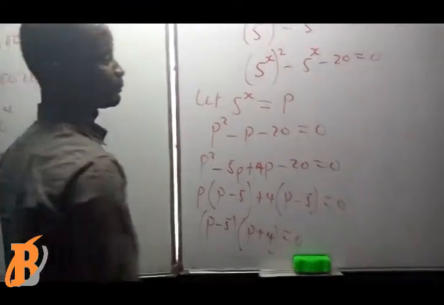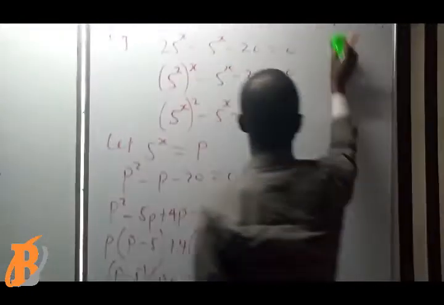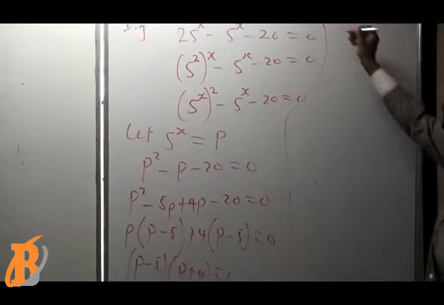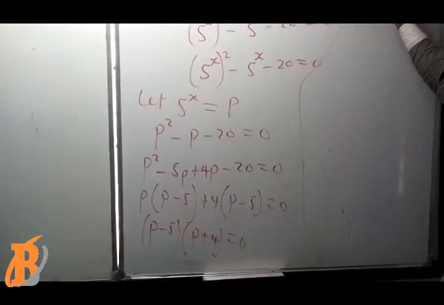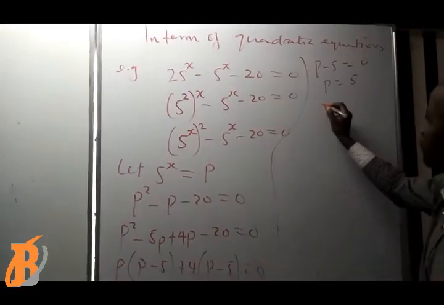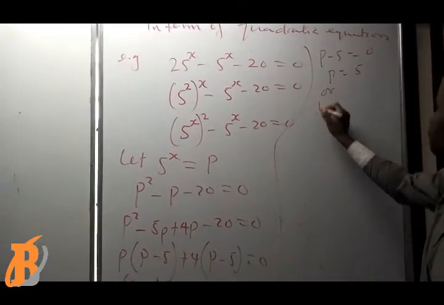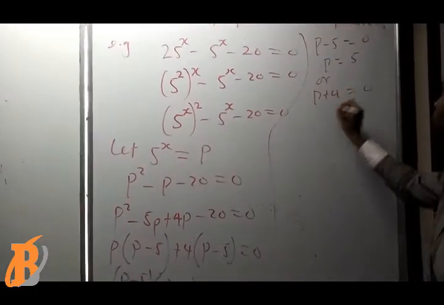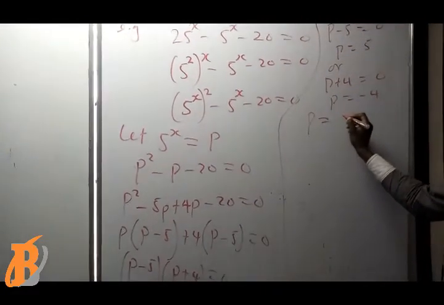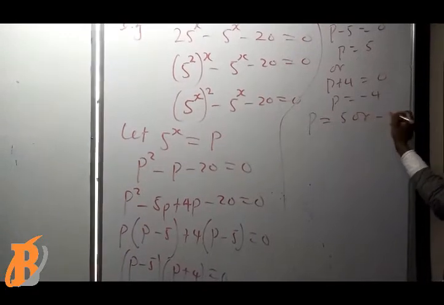And then equate them in order to find the value of p. If p minus 5 is equal to 0, p is equal to 5. Or if p plus 4 is equal to 0, p is equal to minus 4. That means p has two answers, 5 or minus 4.